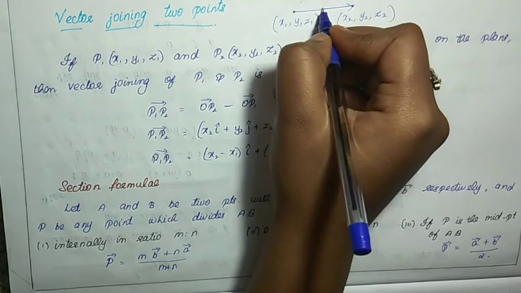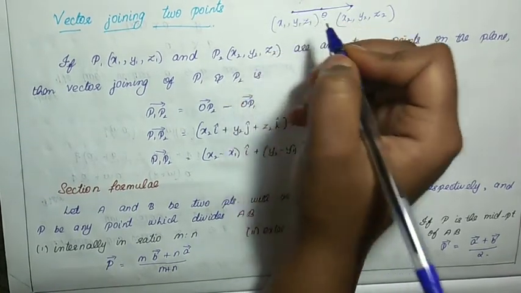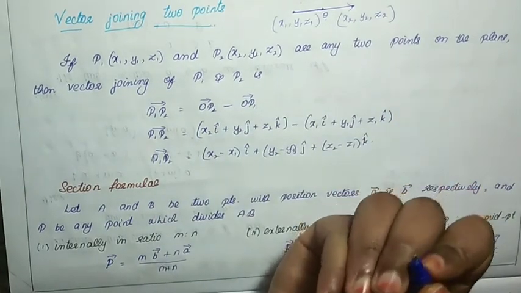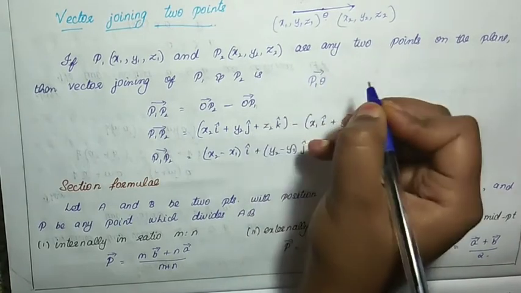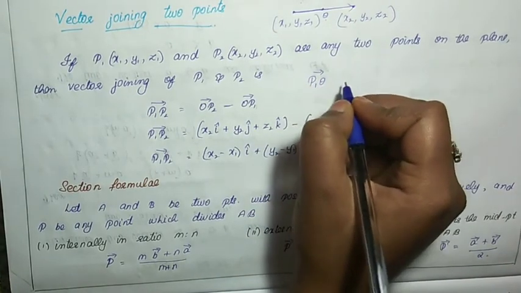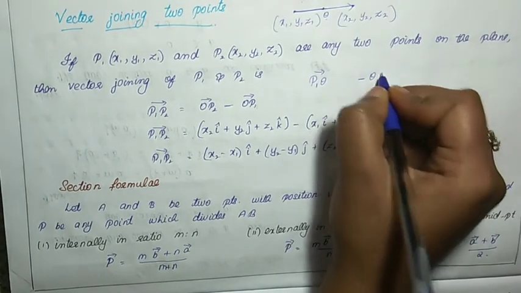I'm writing it as OP vector because it is in the opposite direction. As I said in the introduction video, if P1O vector should be written as OP1, then you have to add a negative symbol in front.